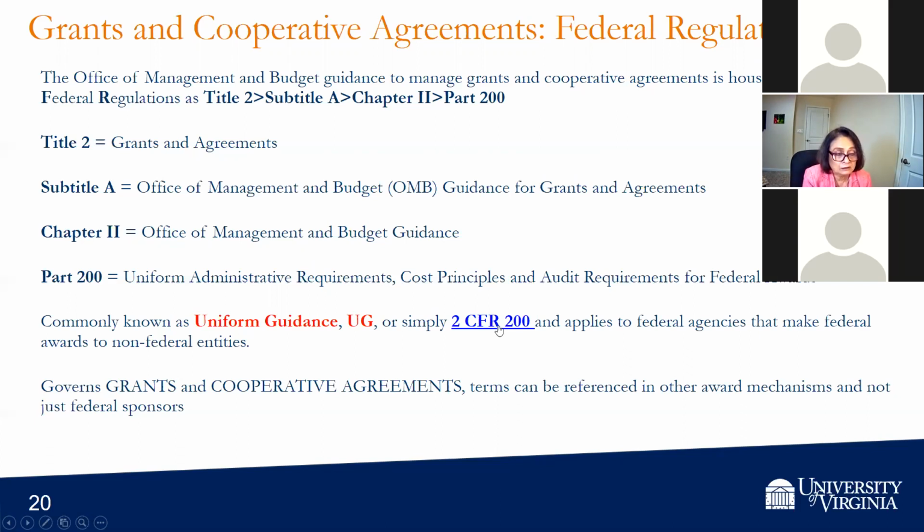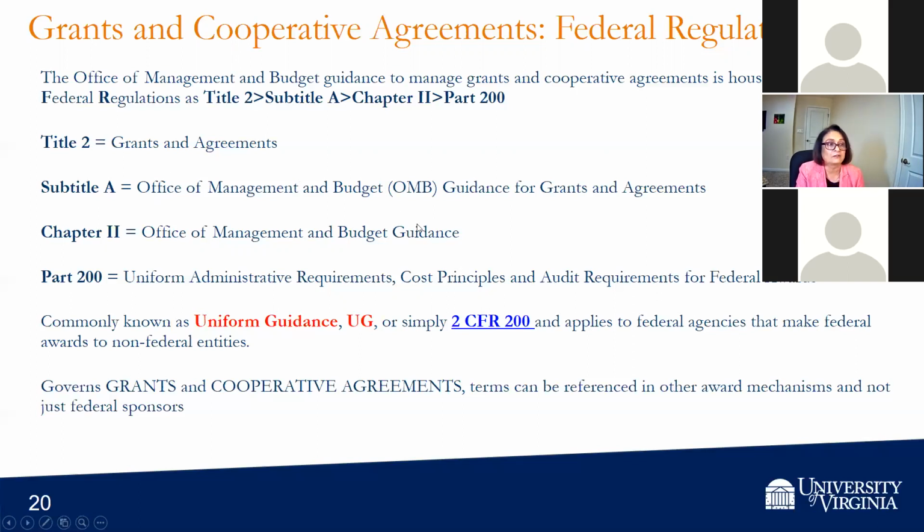Believe me, this is straight from the Uniform Guidance website, so you have access to the same data that I'm sharing with you. Title II especially applies to grants and agreements. Subtitle A is issued by the Office of Management and Budget.